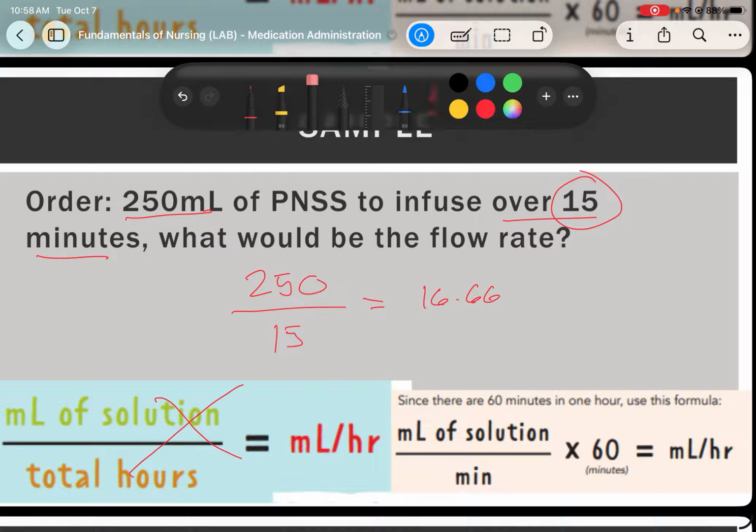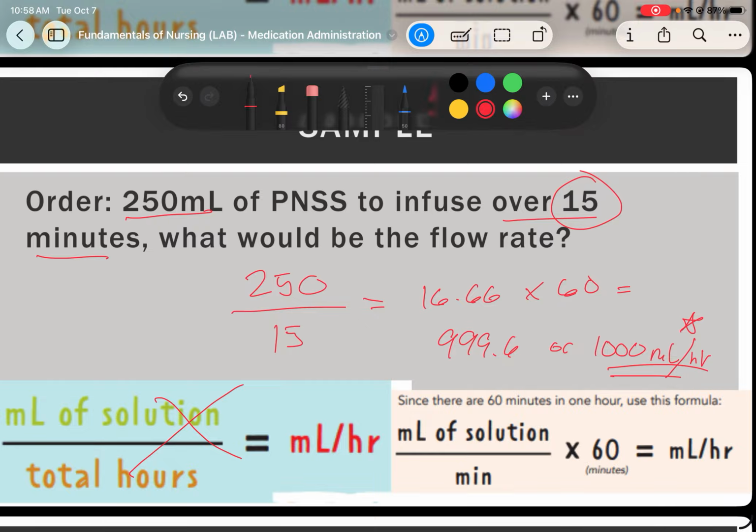Again, 16.66 times 60, you multiply it by 60, is 999.6, or 1,000 ml per hour. And that is the final answer.